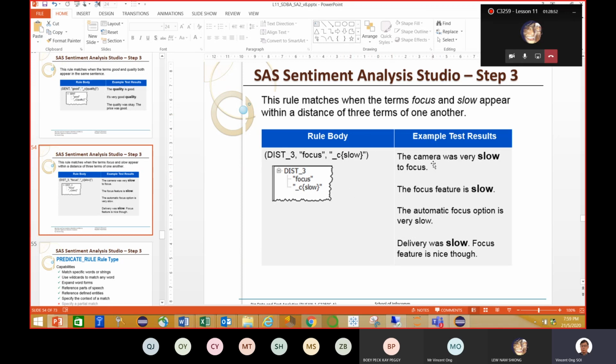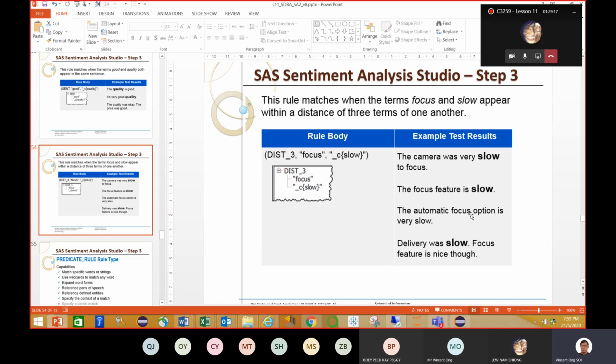For example, "the camera was actually very slow." So we have focus and slow, and this is okay because it's only one word away. This one also okay, the focus and slow are two words away.